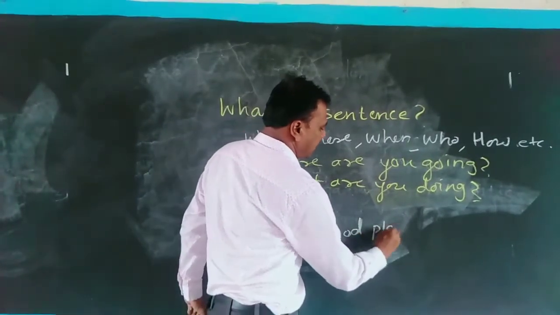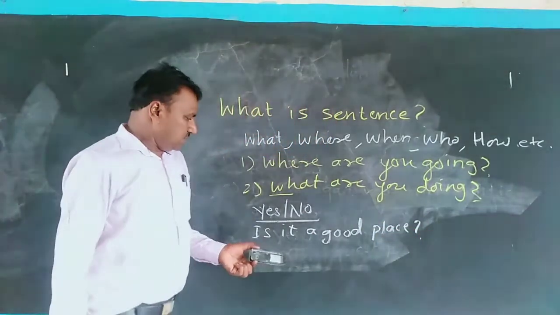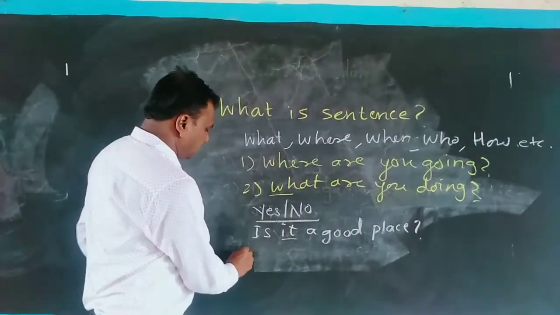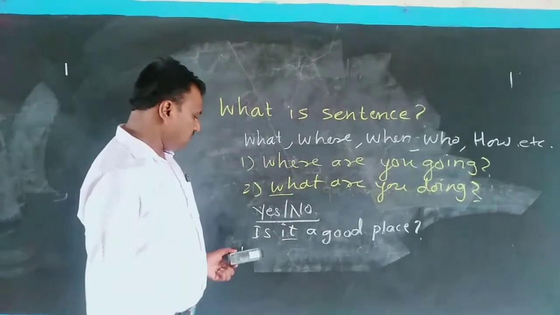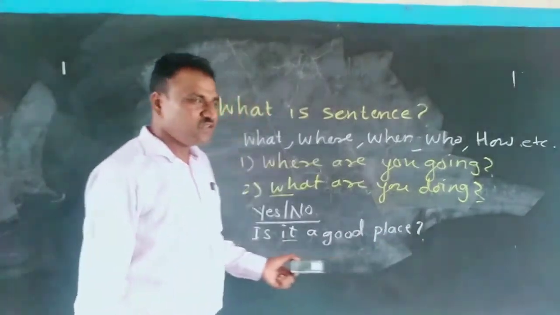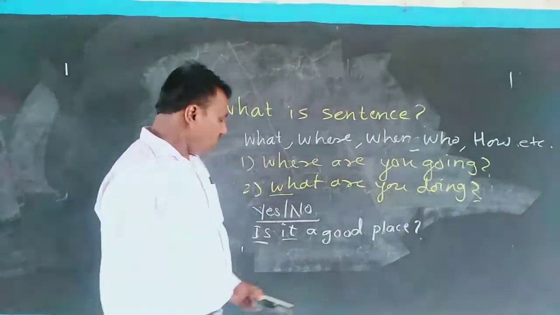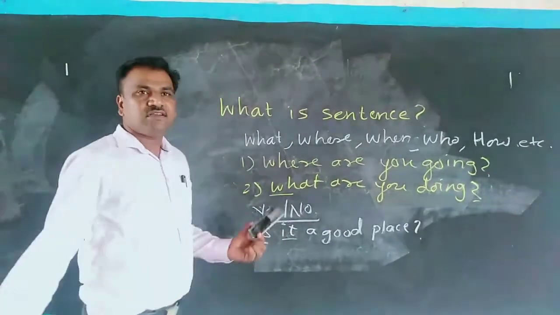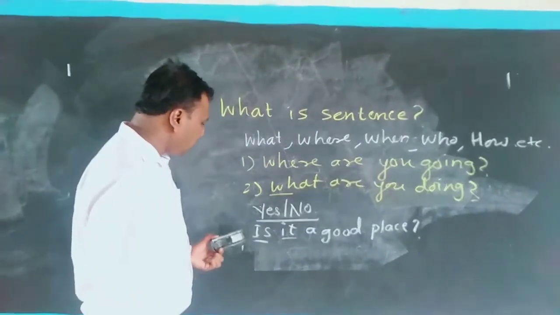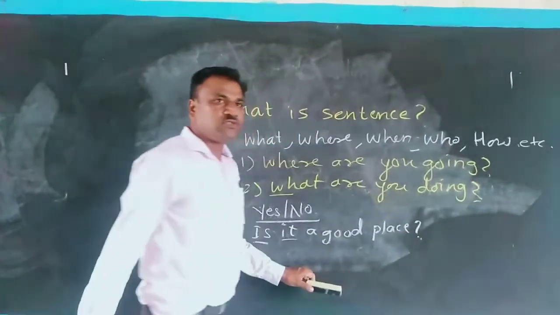He says only yes or no. If we bring the verb to the front, the sentence it is a good place is declarative. But now the sentence is interrogative, because is, an auxiliary or helping verb, is brought to the front of the sentence to make an interrogative sentence.